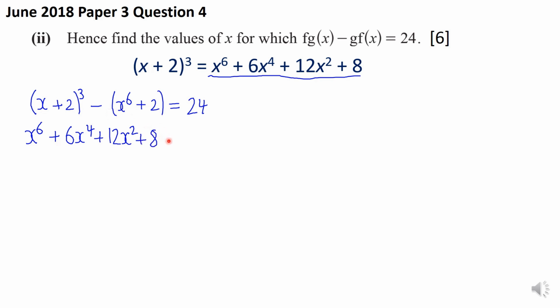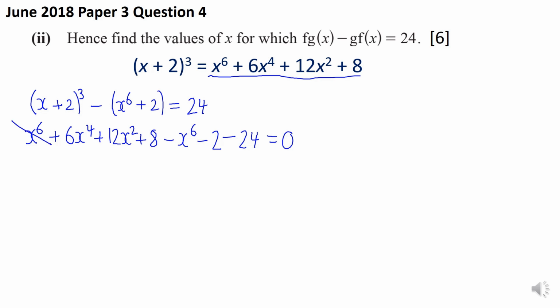Now it's minus x to the power of 6, and now careful, it's minus 2, and bringing the 24 over to the left we get minus 24, and that's equal to 0.